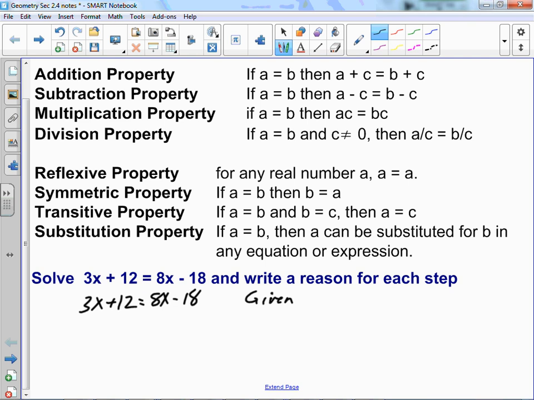And then in order to solve that, the next step, we would move the 8x over to each side. So if I subtract 8x from both sides, 3x minus 8x is going to give me negative 5x plus 12 equals negative 18.